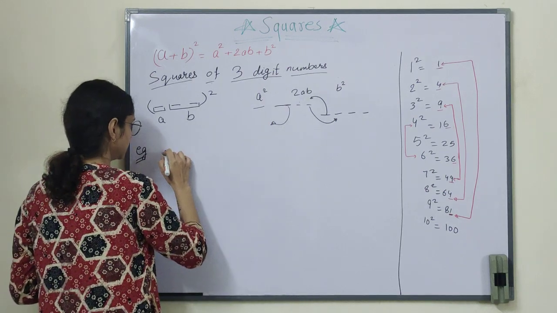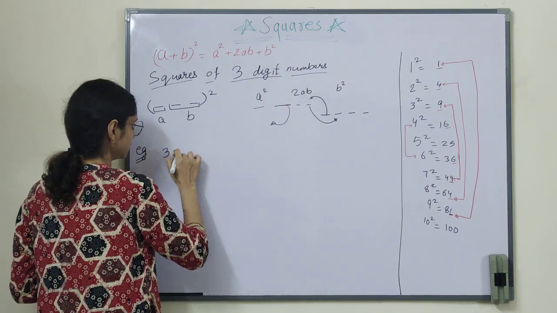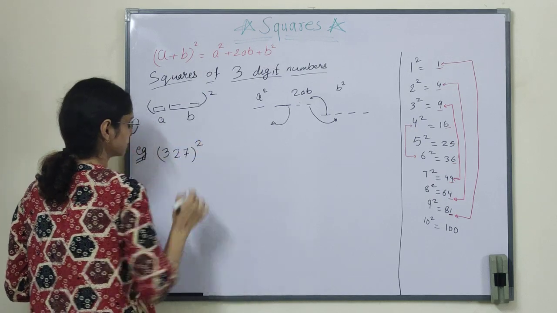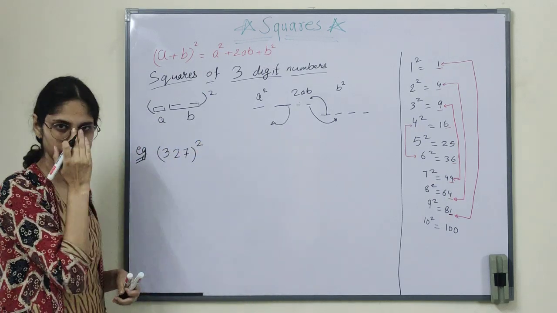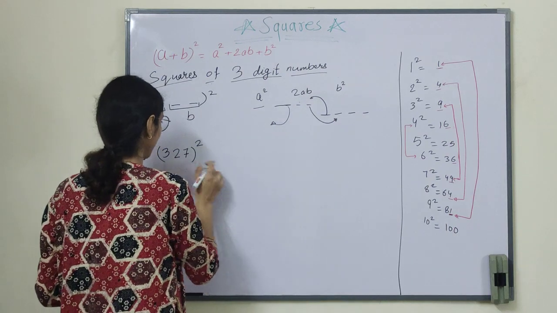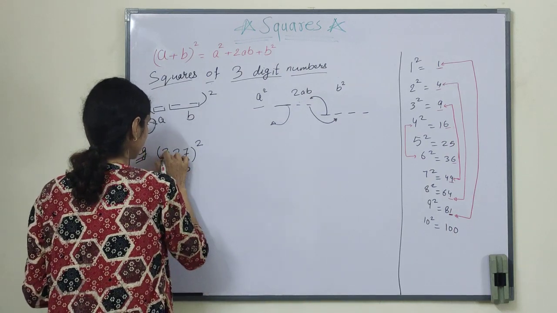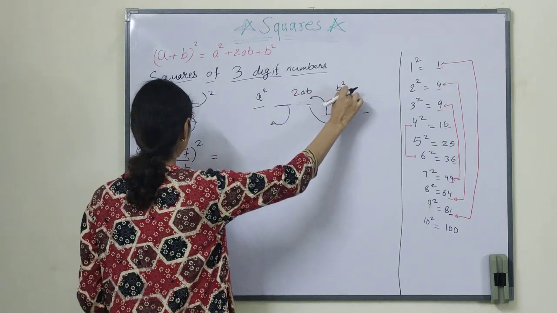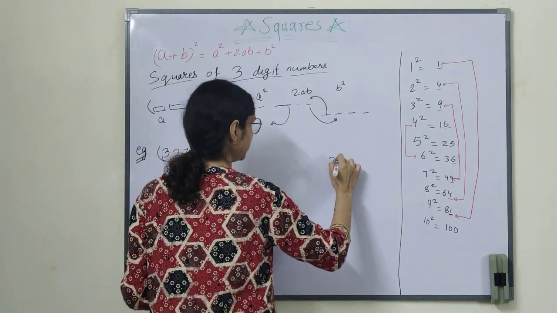So let's say 327. Alright. So 27 is B, 3 is A. So what we are going to do, we are going to write B square, that is 27 square.